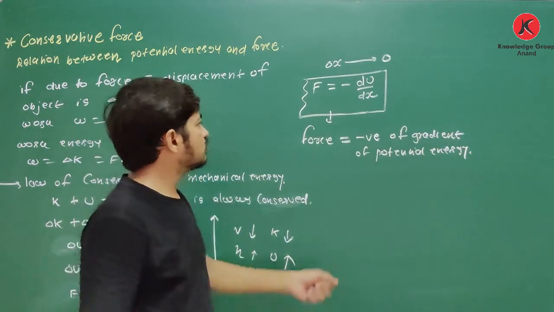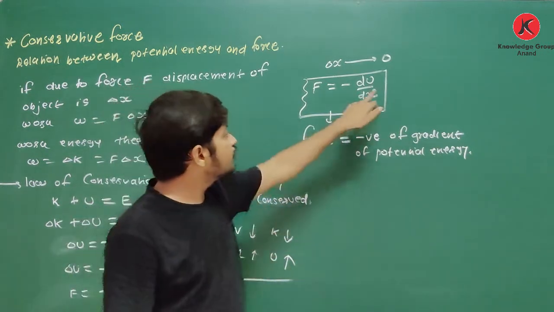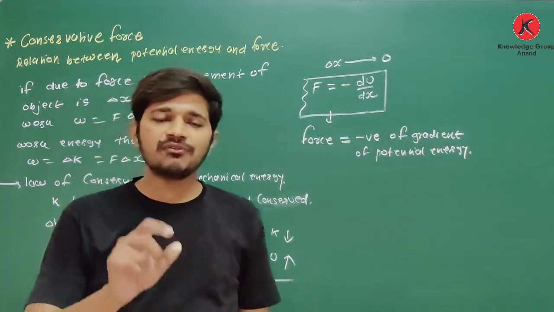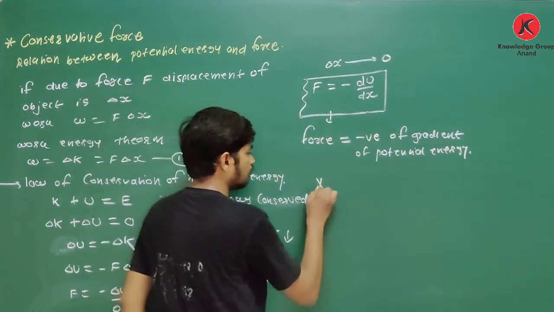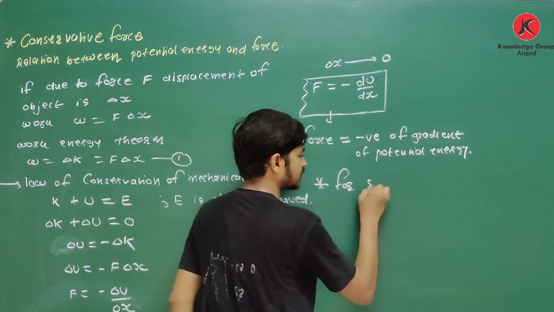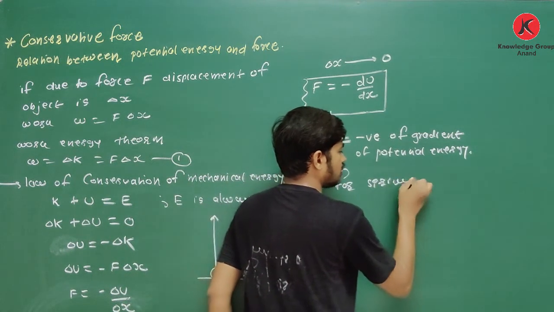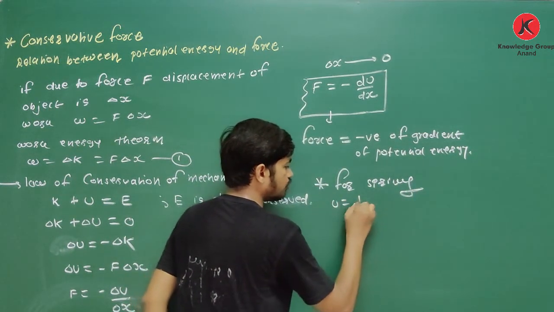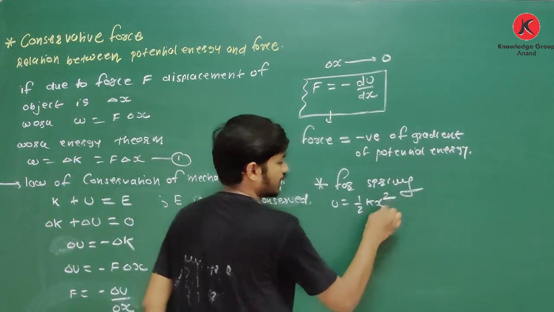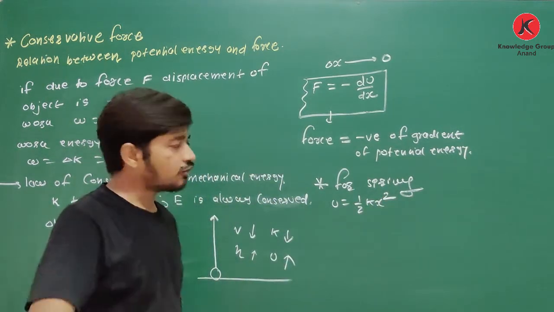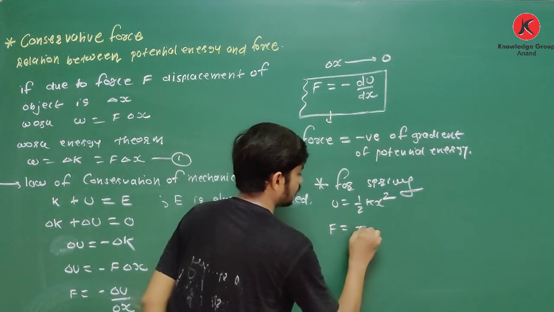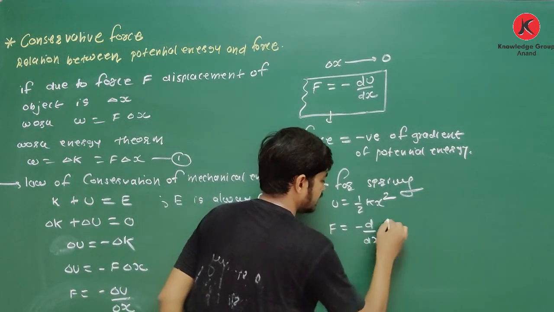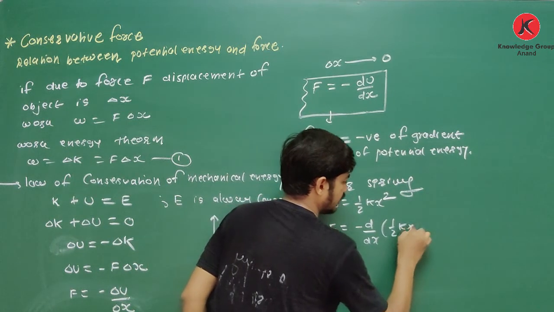Clear? So what is the meaning of this? If you are given potential energy, then from that potential energy you can easily find the force. For example, for a spring, we know that U is equal to half kx square. If I put this value in this equation, F is equal to minus d upon dx of half kx square.